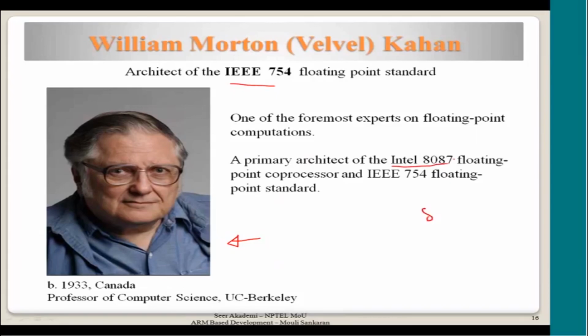If you have heard about 8086, it had a co-processor called 8087, which was a floating point processor. He was the designer of that particular processor. So IEEE took his notation and standardized it across the industries. Everybody who develops a floating point coprocessor needs to comply with this, but they gave some freedom to the designer to play around with that.